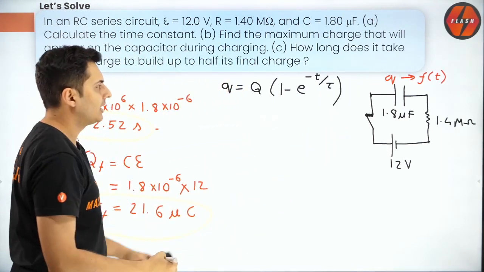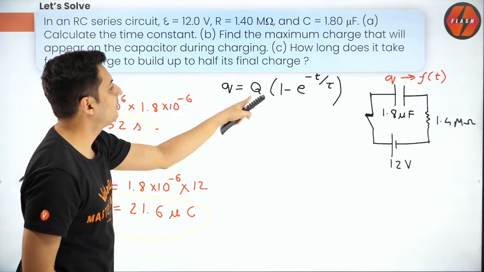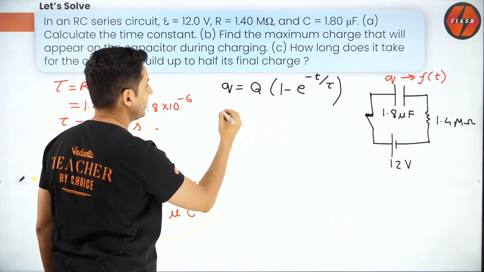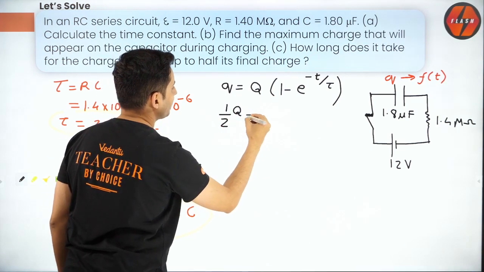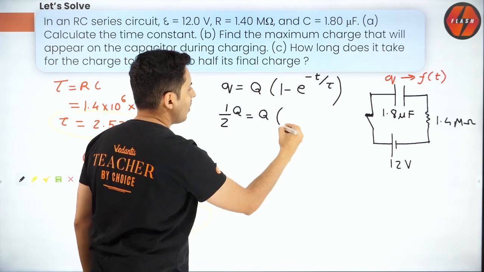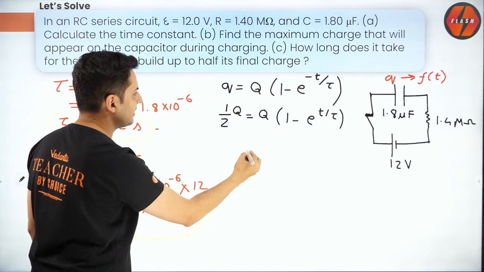This was the equation that I told you just some time back. So this Q is half the final charge, hence this will be half of capital Q is equal to Q into 1 minus e to the power minus t by tau. Now let's rearrange this.